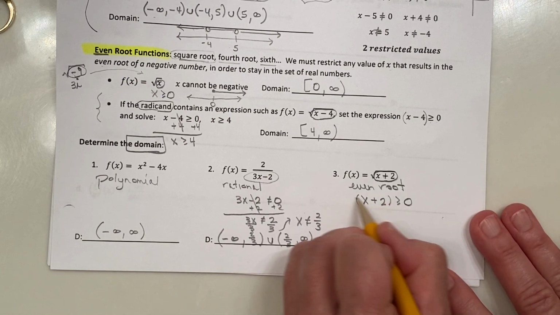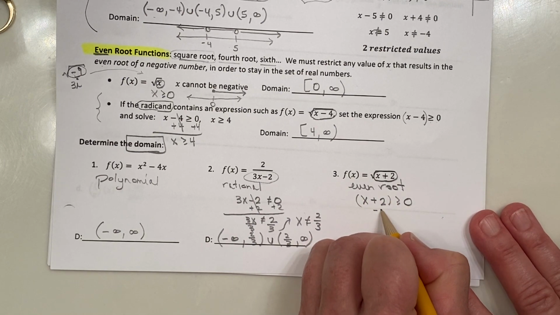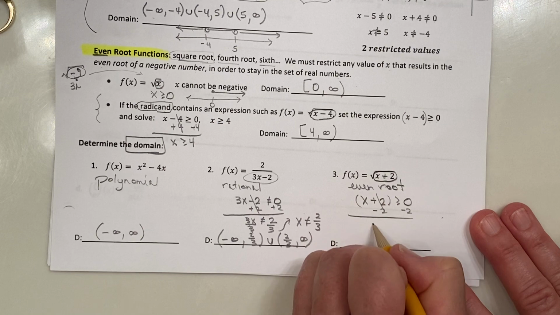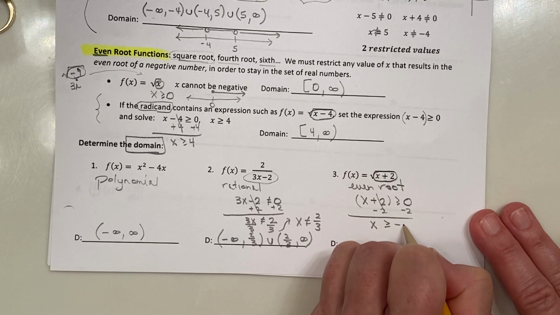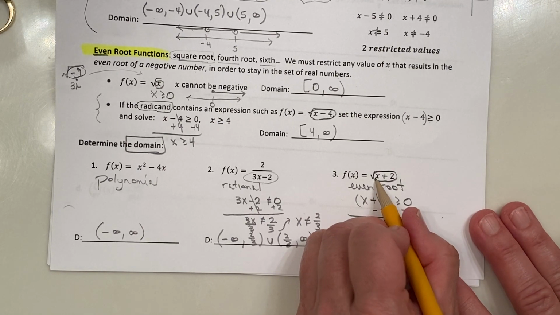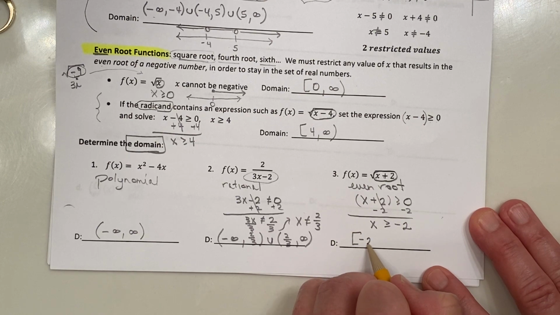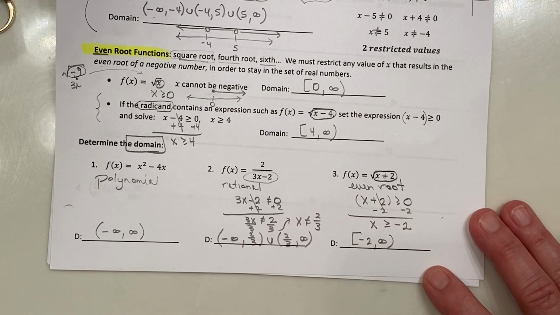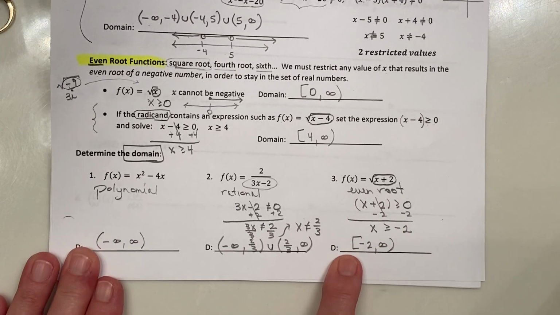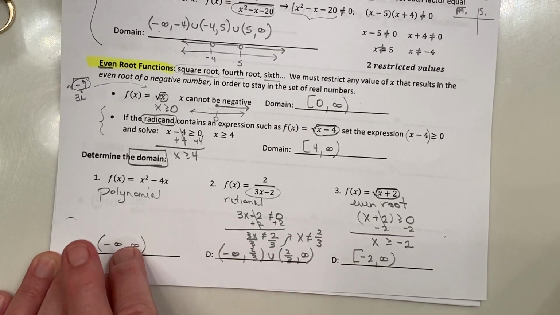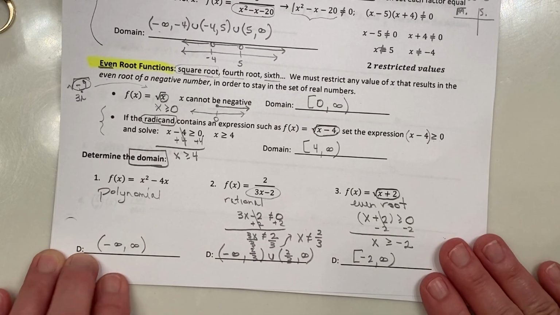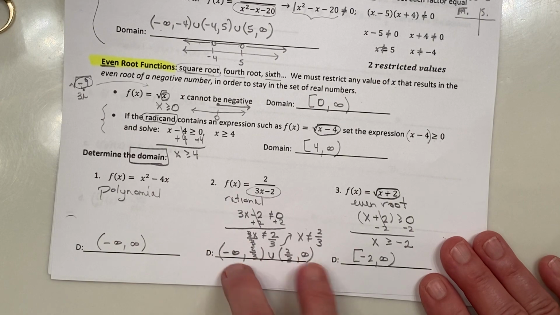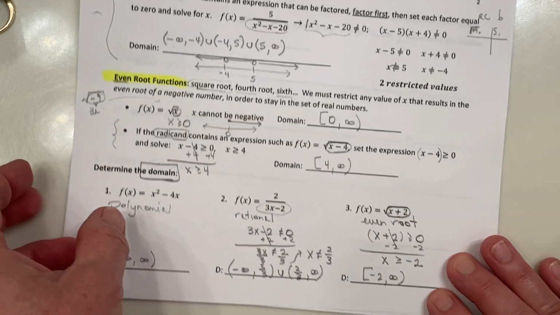I don't need the parentheses because there's no operation to be performed, so I can just subtract a 2 to both sides. So x must be greater than or equal to negative 2. So negative 2 to infinity. This one's kind of weird because it starts with a bracket, whereas these other two don't, polynomial and rational. They start with parentheses with the infinities on the bookends, the left and right side.